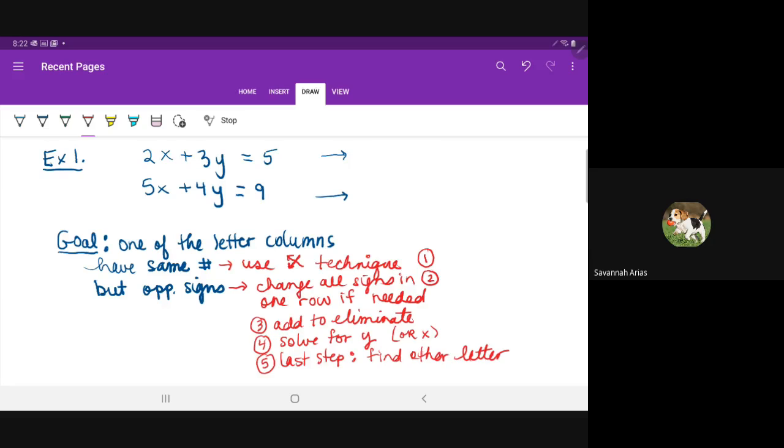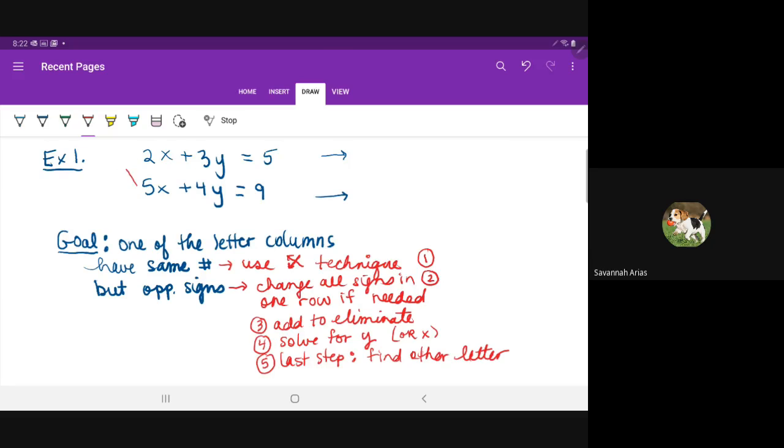Okay, so let me show you the arrow technique. What you're going to do is draw an arrow from the 5 right here and from the 2 down here. Let me draw that better.